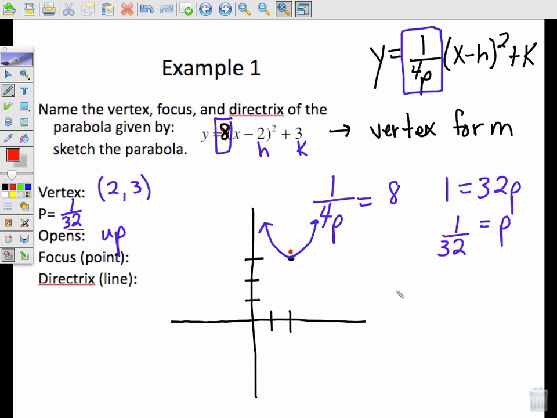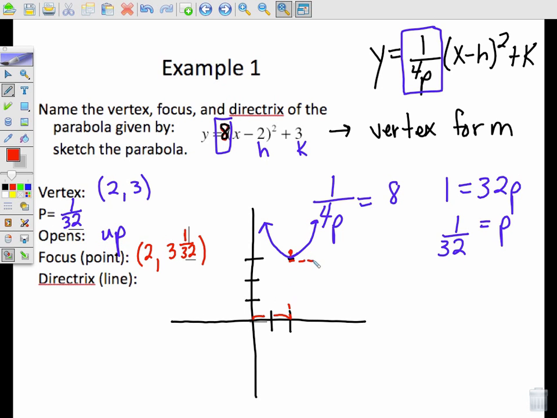So I need to take my vertex, take my y value, and add 1 over 32. Well, my vertex's y value is 3, so I still go over 2, and then I go all the way up. So it's 2, 3 and 1/32. I added it to it.